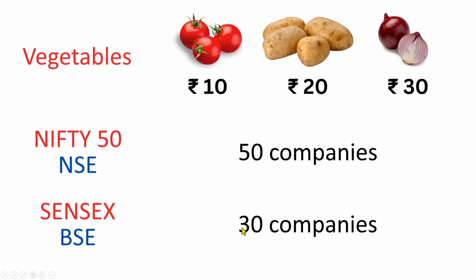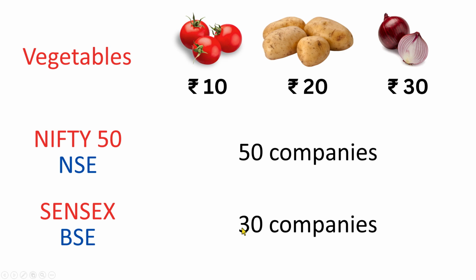So if Sensex comes down, meaning the value of Sensex comes down, that doesn't mean that the economy is doing bad. The other companies other than these 30 companies might be doing good. We do not know that. We have to check them individually. Similarly, if Sensex goes up, that doesn't mean the economy is doing good.